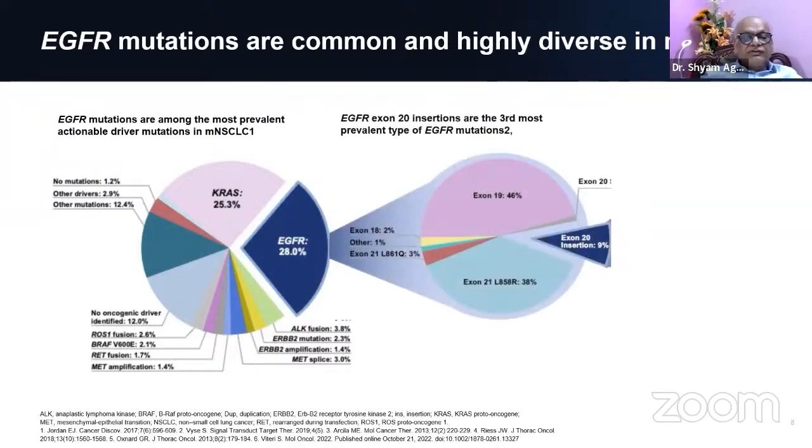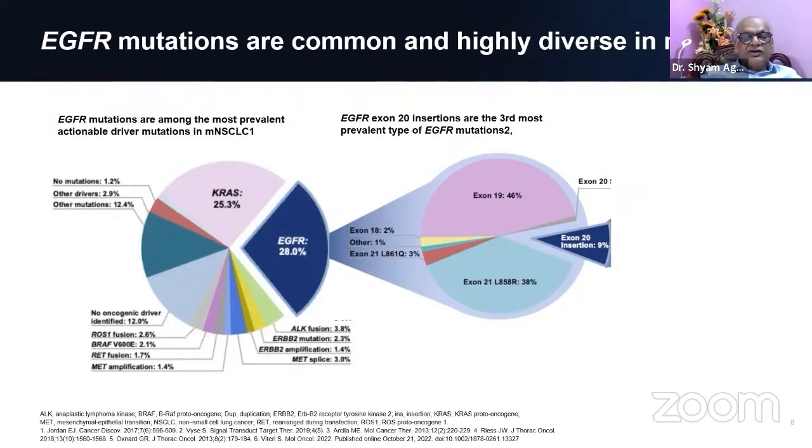This demonstrates that, out of those 28% of EGFR mutations, almost 46 and 38, which contribute around 84%, are in exon 19 and exon 21. Exon 20, which is what we want to focus on, is seen in about 9%.